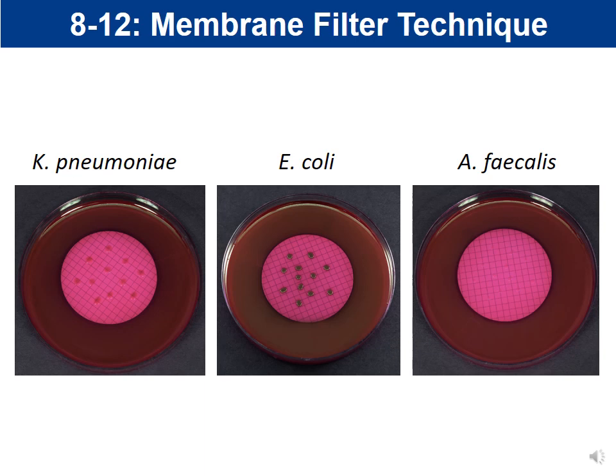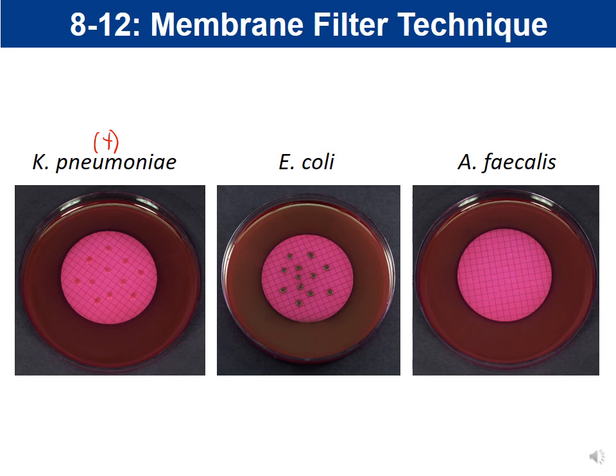This is showing you different bacteria and what they look like when grown on this nitrocellulose. Over here on the far left, we have Klebsiella pneumoniae. You can see that the colonies have darkened, so they're dark pink-red. Again, this is positive for being a coliform. We have E. coli, which has a metallic green sheen.